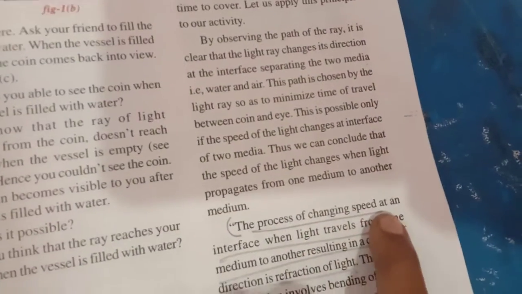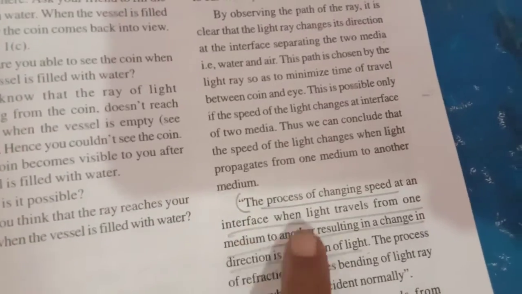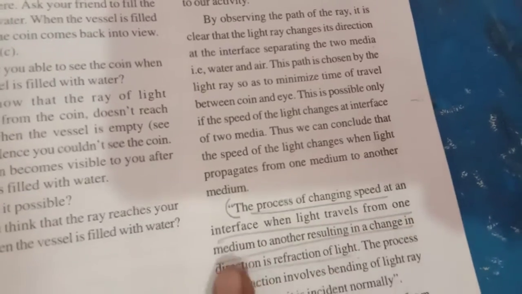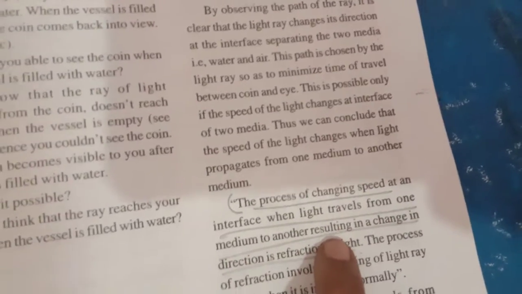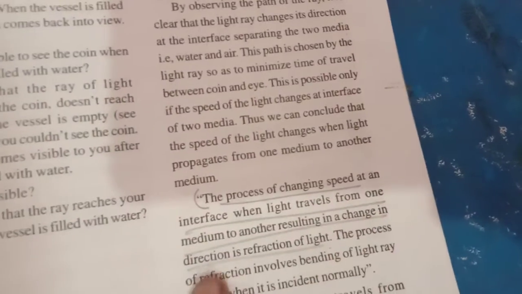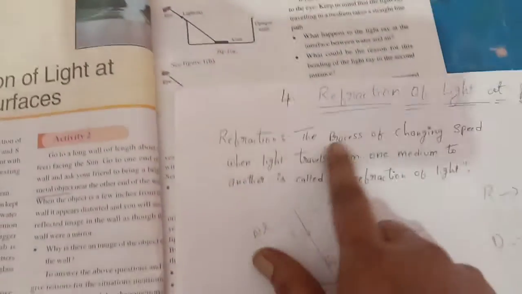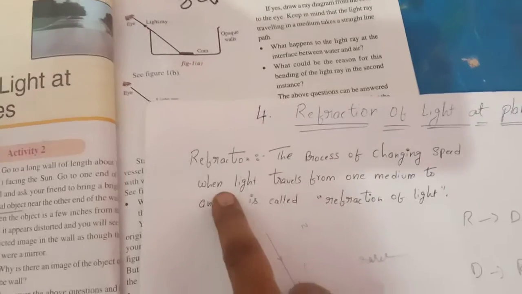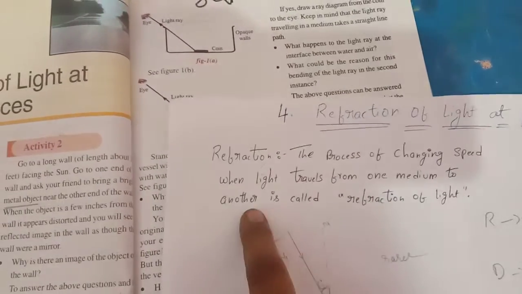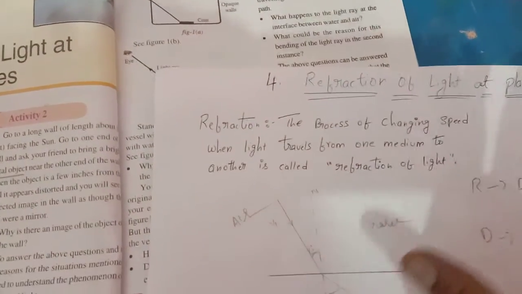So what is this? The process of changing speed at an interface, when light travels from one medium to another, resulting in a change in direction, is refraction of light. Let me explain this. See, children, the process of changing speed when light travels from one medium to another is called refraction of light.